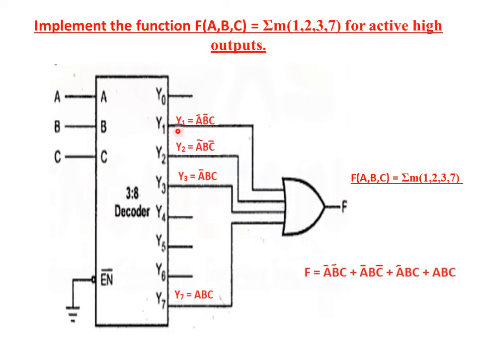So the minterms 1, 2, 3 and 7 are selected and connected to an OR gate. The output at this position we will obtain is F, which is 1, 2, 3 and 7 combinations. This way we can easily implement the SOP functions for active high output conditions.